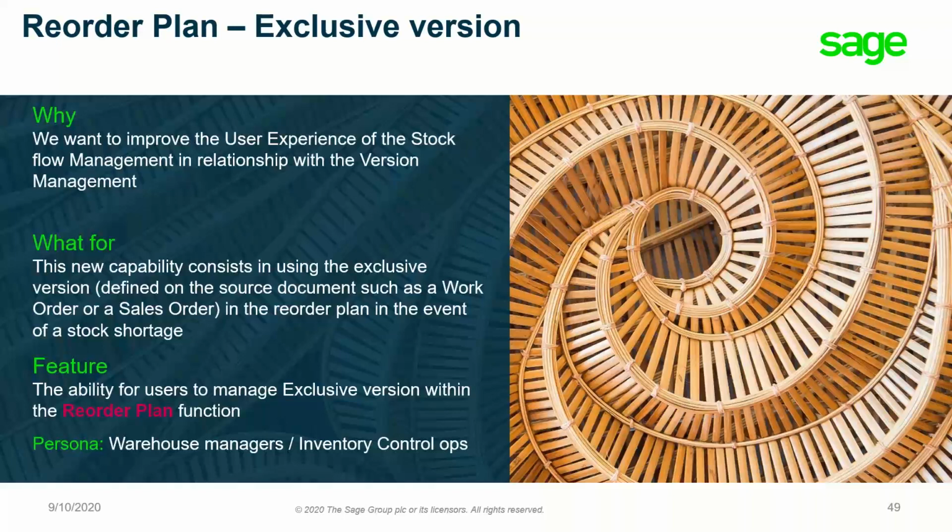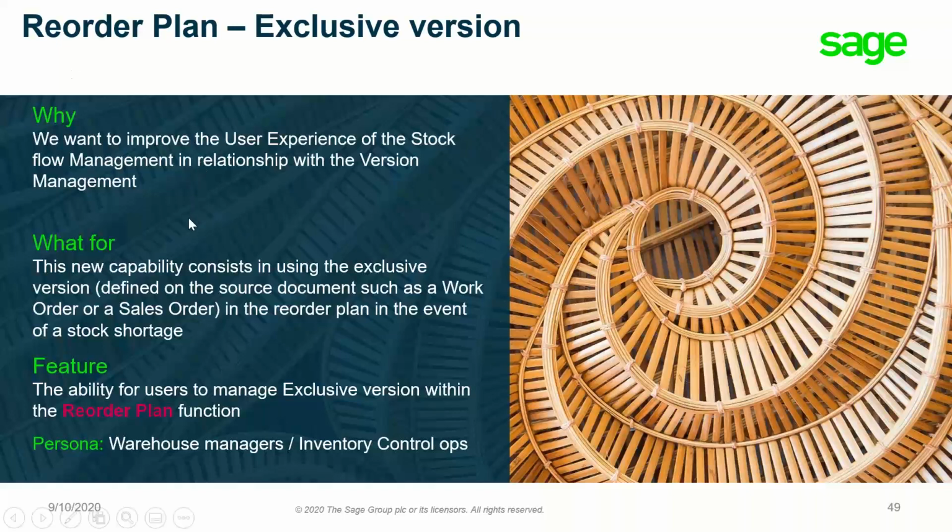Actually, this feature is used by customers who are in engineering services or in discrete manufacturing, sometimes in process manufacturing, but more on the discrete manufacturing side. Okay, so these are the reminders for reorder plan and version management.